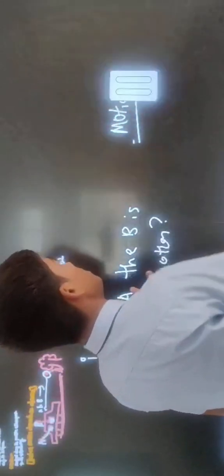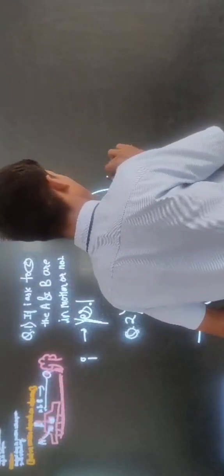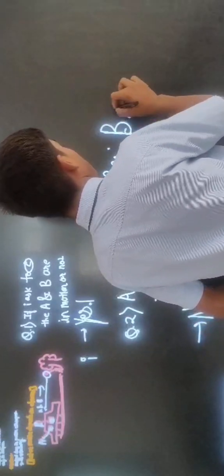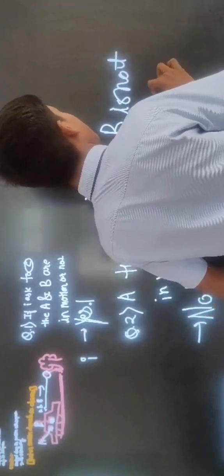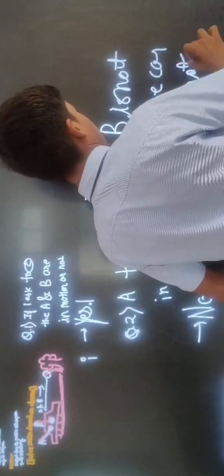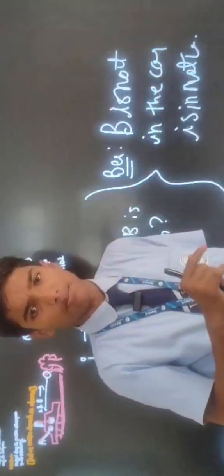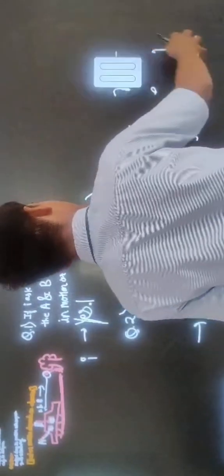What answer will A give? He will say no. Why will he say no? Because B is not in motion, the car is in motion. He will say the same. Yes. So this is the main concept which you should learn.